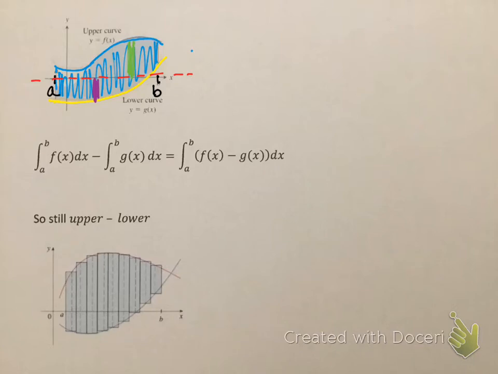Let's look at the area above the x-axis. The blue curve at the top is f of x, and the yellow curve at the bottom is g of x. So are you guys comfortable that I could go from A to B? And you know what? Let's fix where B is.